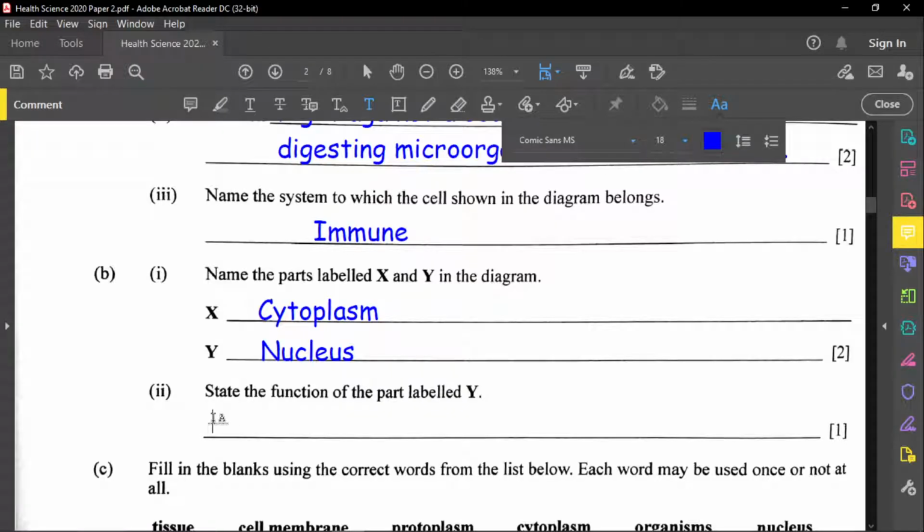The nucleus controls the activities of the cell. Great.